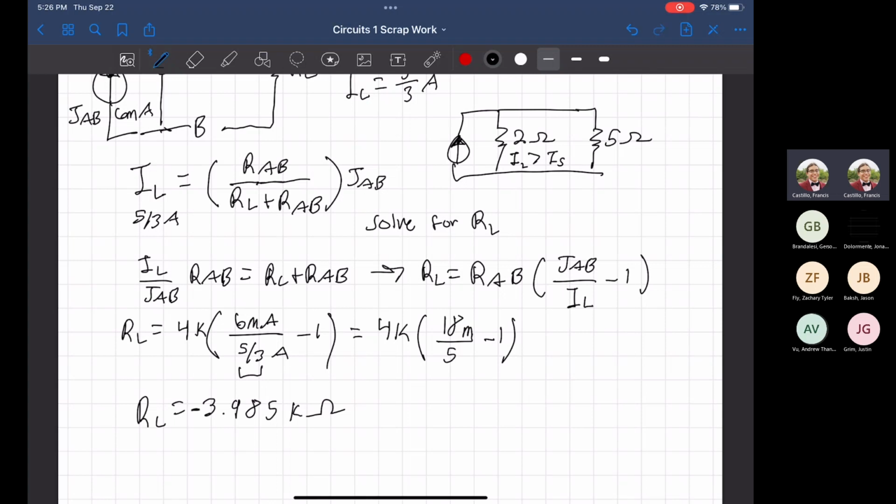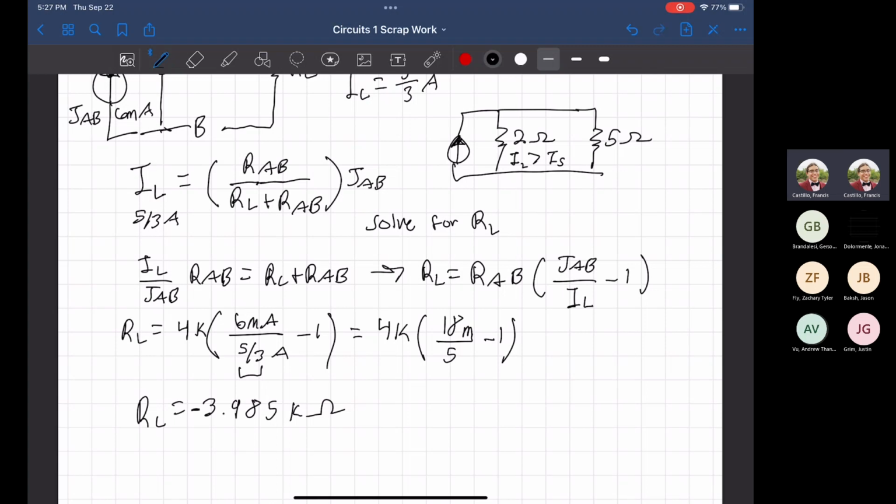That just means the orientation is simply flipped, right? Because a negative resistor value doesn't really exist. All that just means is the value should be across.